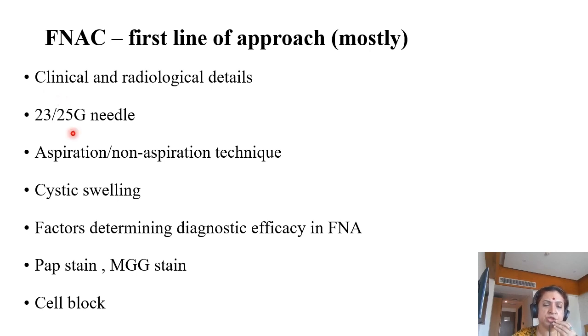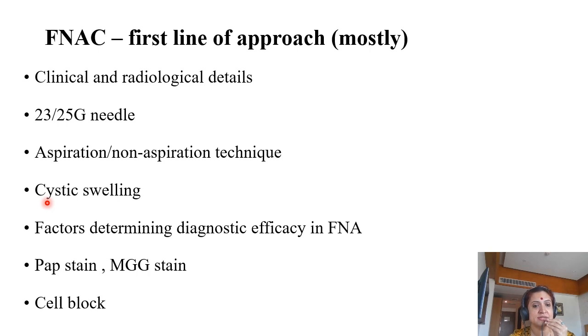You can use a 23 or 25 gauge needle, and you can use aspiration or non-aspiration technique depending upon your expertise and your comfort level. And regarding cystic swellings, sometimes the swelling is fully cystic, like a Warthin's tumor, wherein you get bilateral cystic swelling.